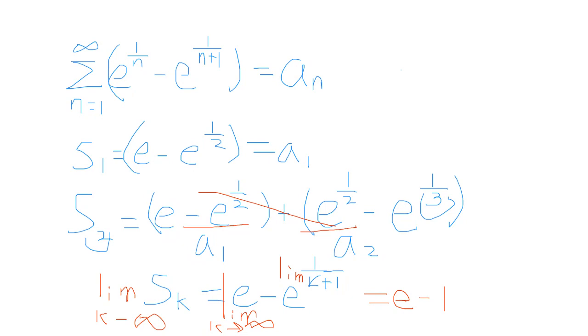James, S2 is not e to the half minus e to the 1/3, right? S2 equals A1 plus A2. You just add the two terms in the sequence. So S2 is, I should write here, e minus e to the 1/3.